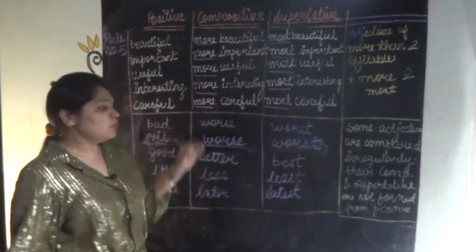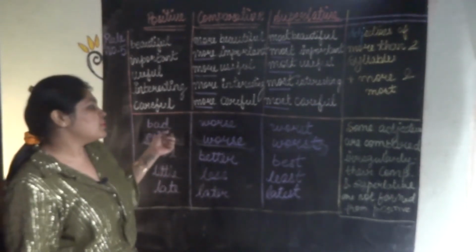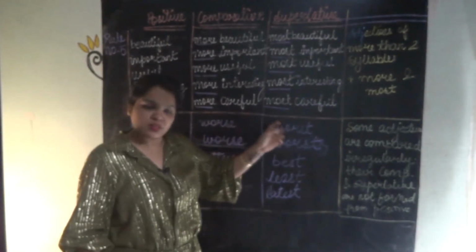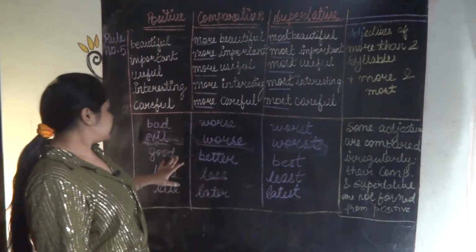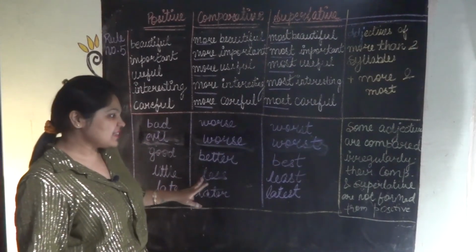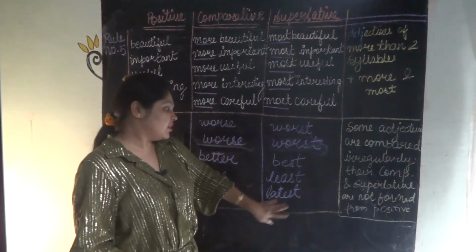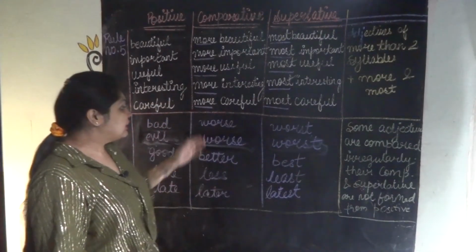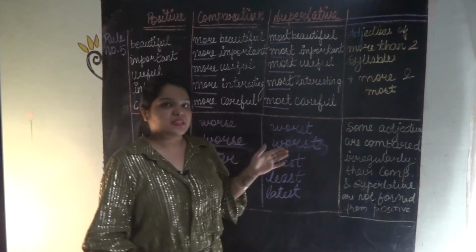Like bad, we are not saying bad, badder, baddest. We will say bad, worse, worst. Evil, worse, worst. Good, better, best. Little, less, least. Late, later, latest. You have to learn these, and these are irregular adjectives.